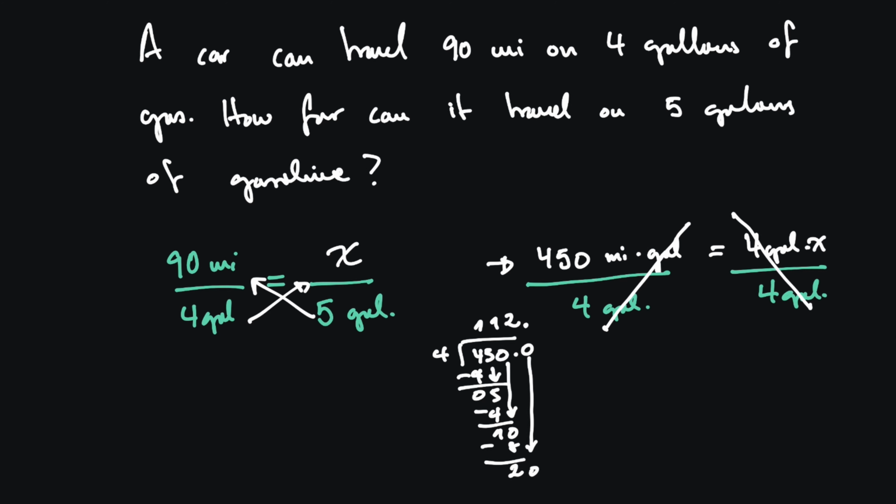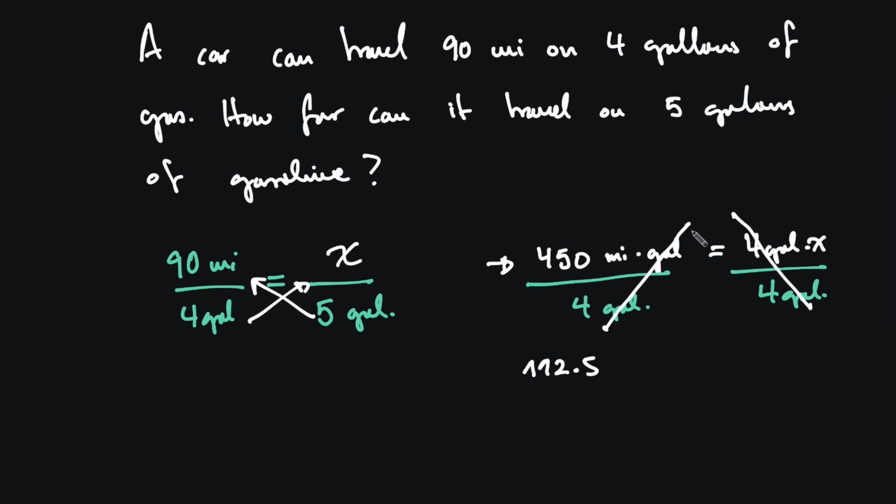We put the decimal point and it goes 5 times. 5 times 4 is 20. 20 minus 20 is 0. All right. So it's going to be 112.5. Since we cross out the gallons, we're left with miles. So 112.5 miles is equal to x.